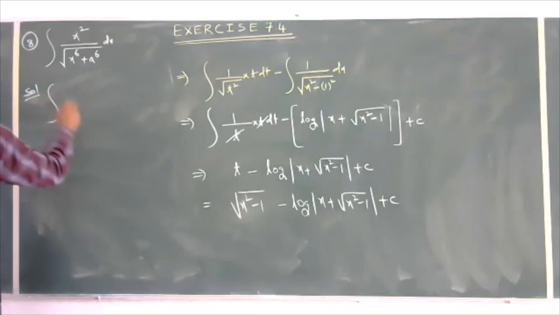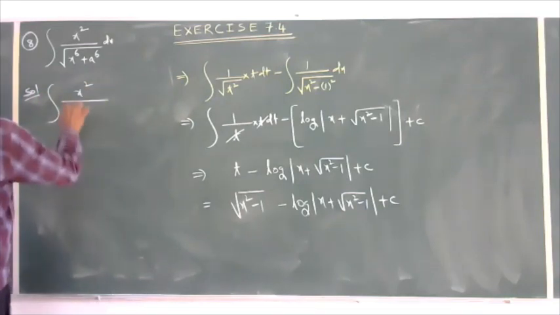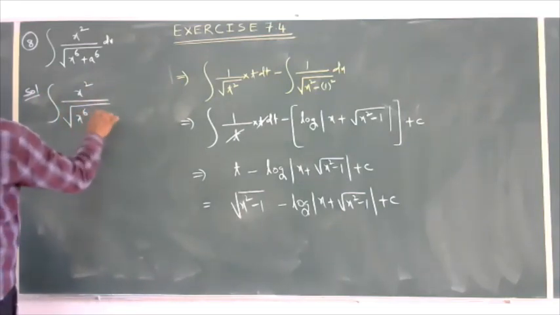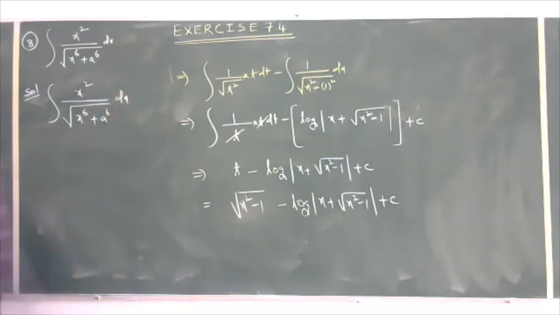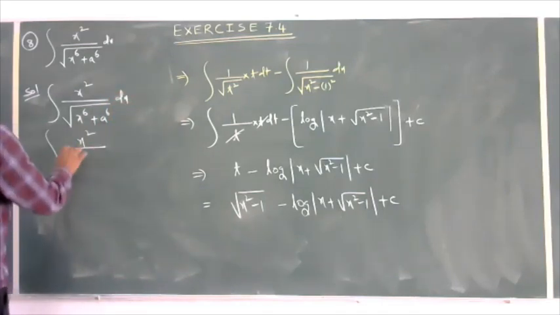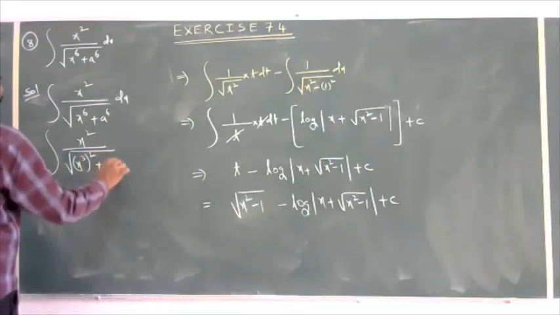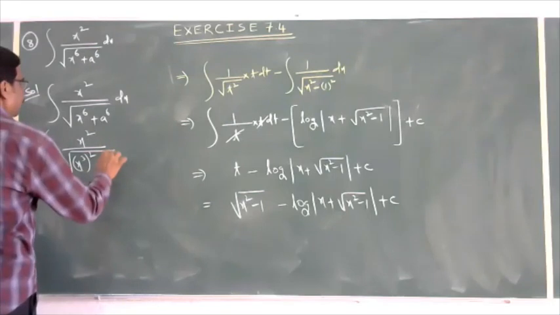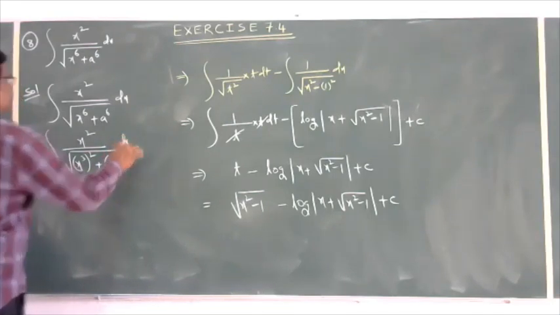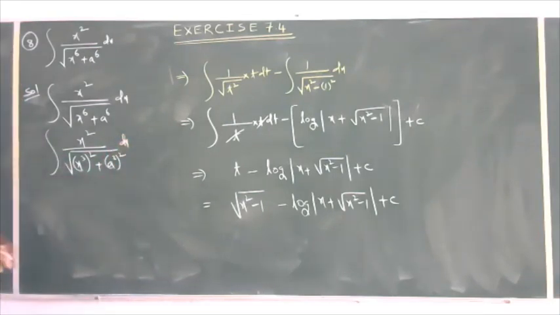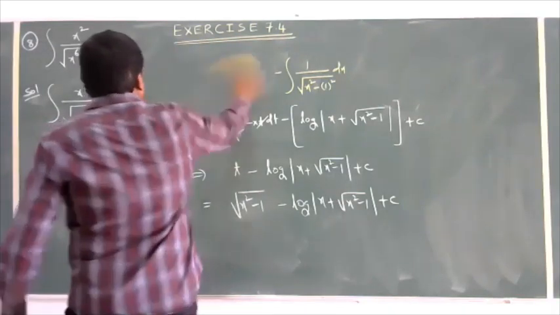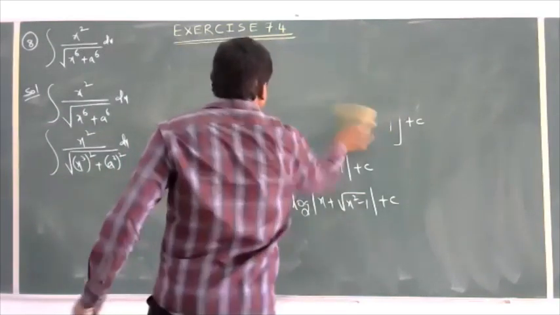Solution: integral x square by root of x power 6 plus a power 6 into dx. So here x square by root of x power 6 is x cube whole square plus a cube whole square into dx. a power 6 is constant, but you write a power 6 as a cube whole square.